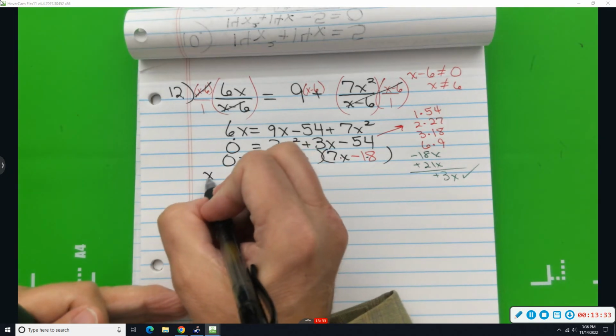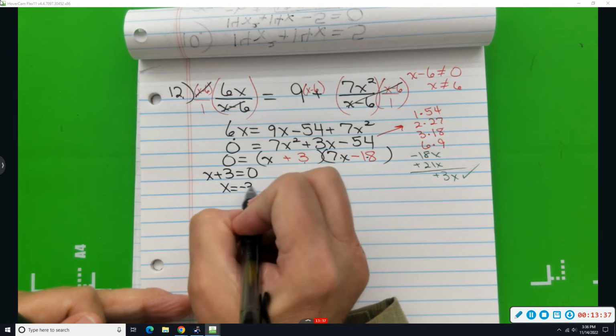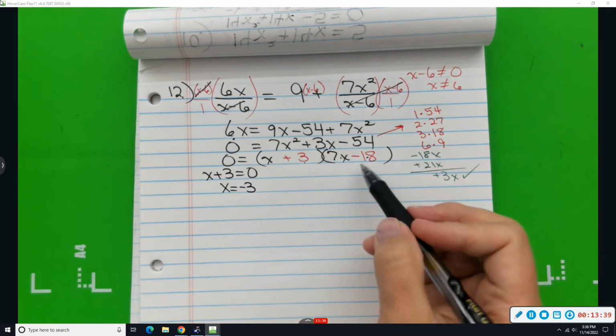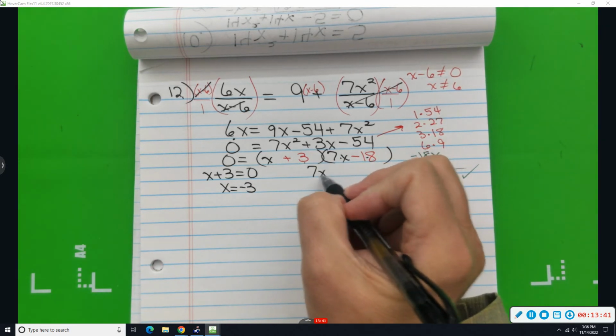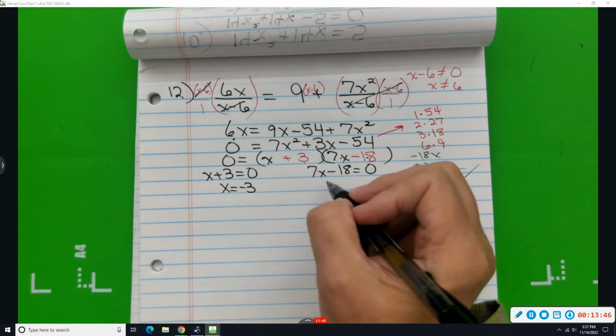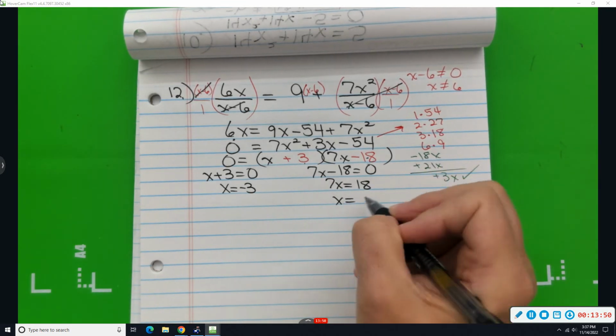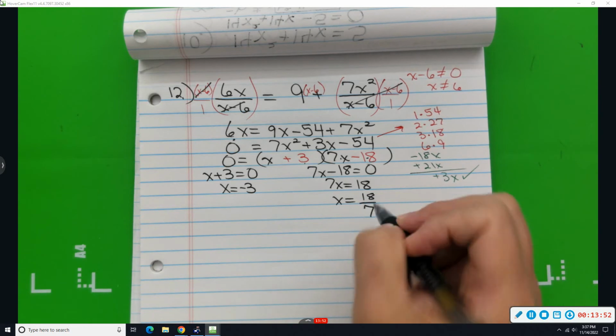Set x plus 3 equal to 0 to give us x equals negative 3. Set 7x minus 18 equal to 0 to give us 7x equals 18, so x equals 18 over 7.